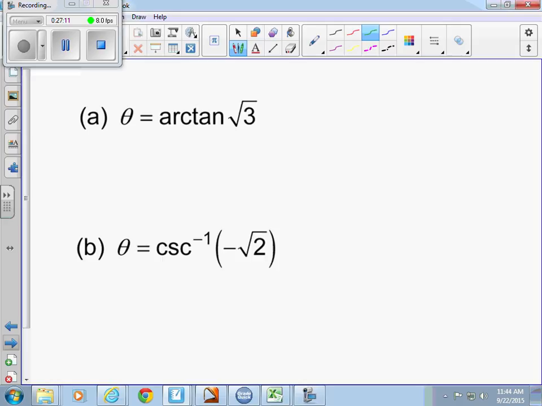Inverse tangent of radical 3. Those mean the exact same thing. So I tried to use both so that you can get used to both.